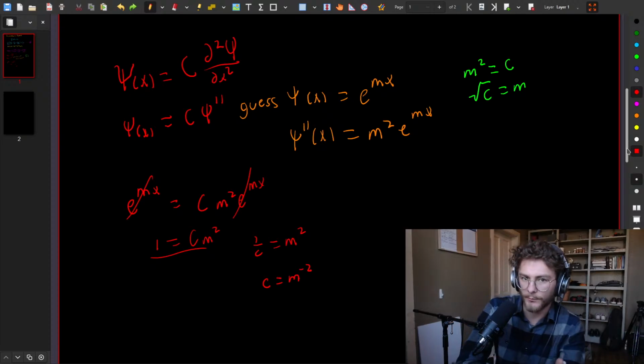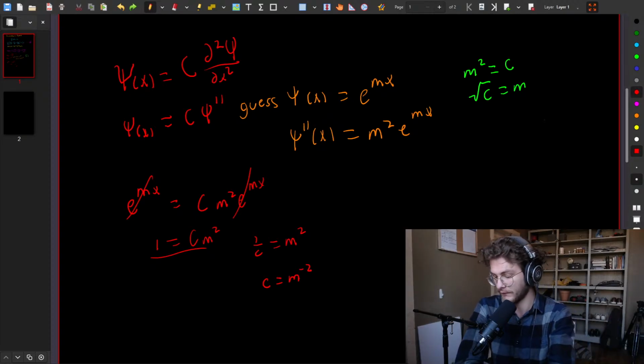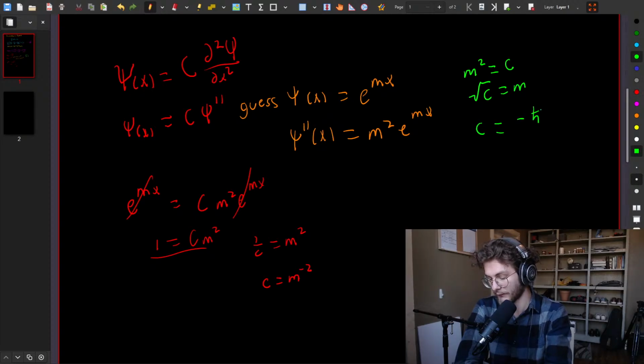Now, here's another relation we have to make. Because we know that the square root of c is m, we make the entire function, because we also know that c equals negative h bar squared over 2m e.